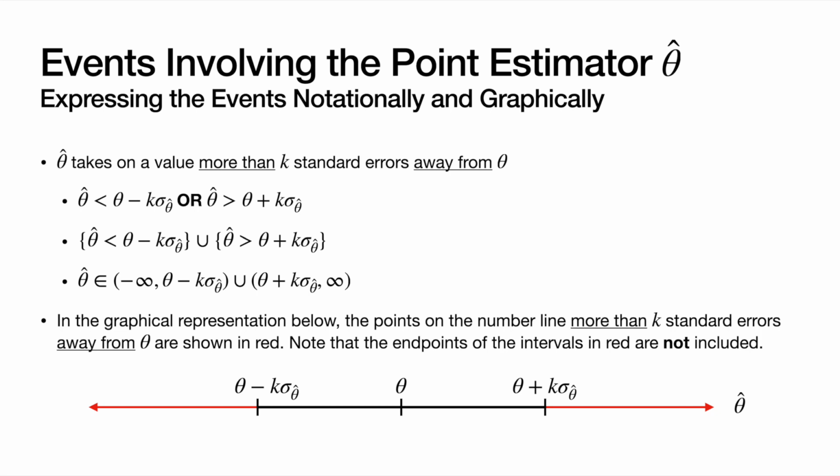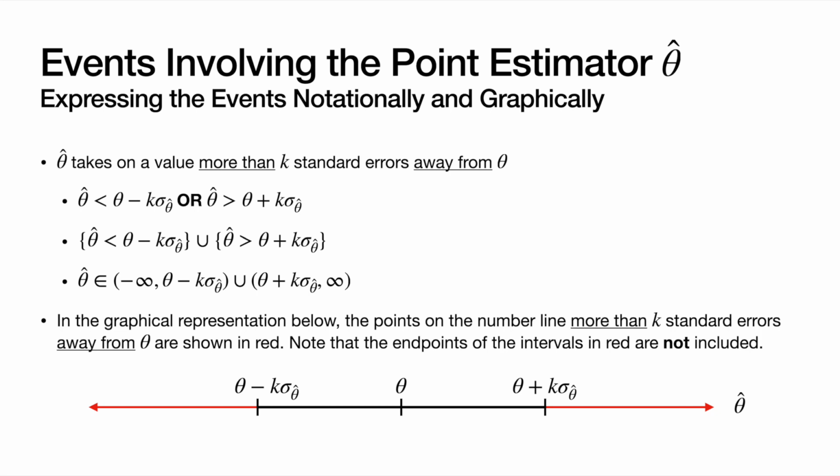Next, let's look at the event that the estimator theta hat takes on a value more than k standard errors away from theta. Again, this can be represented notationally in a number of ways, as theta hat being strictly less than theta minus k times the standard error of theta hat, or that theta hat is greater than theta plus k times the standard error of theta hat.